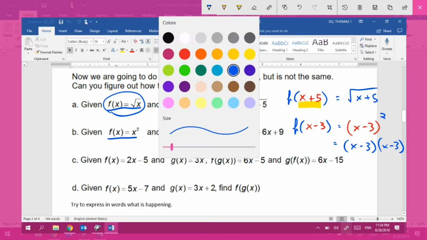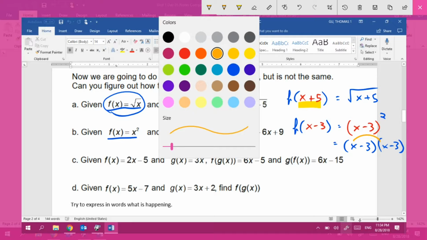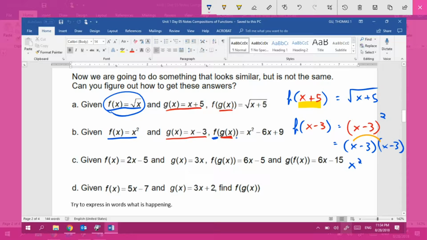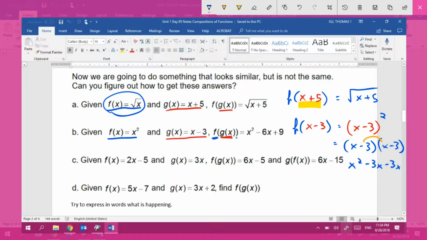So then we're going to distribute. We're going to go x times x. That is x squared. Then we've got x times negative 3, which is negative 3x. All right, let's go to the next term. We've got negative 3 times x, which is negative 3x again.